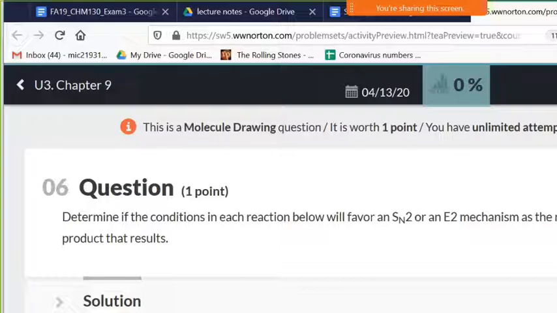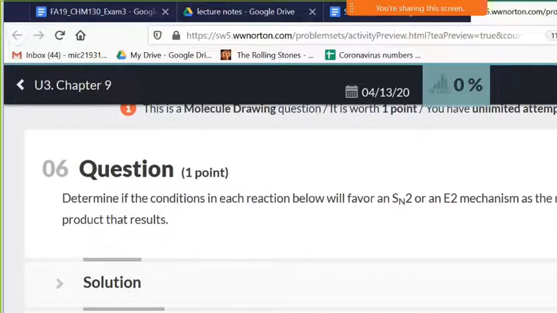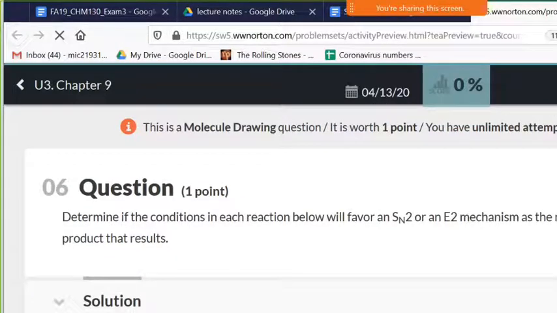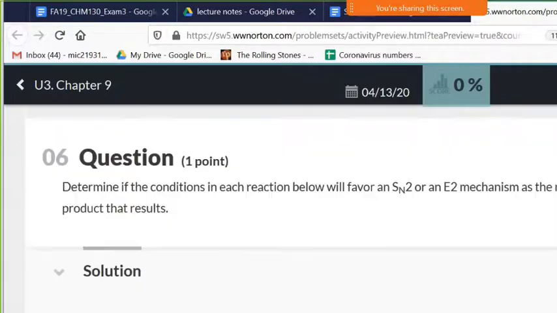SN2 or E2, and then draw your major product. Which is good, because this will go back to Robert's questions on deciding SN2 versus E2.